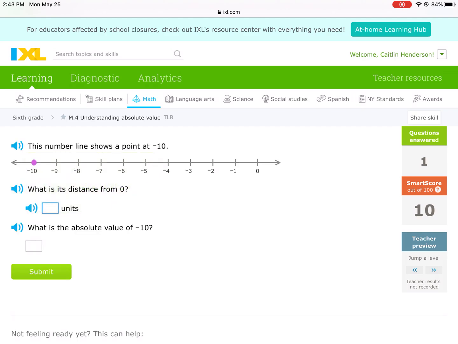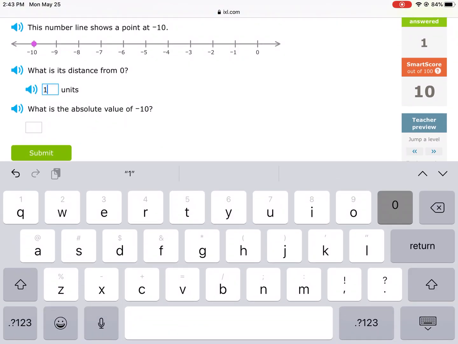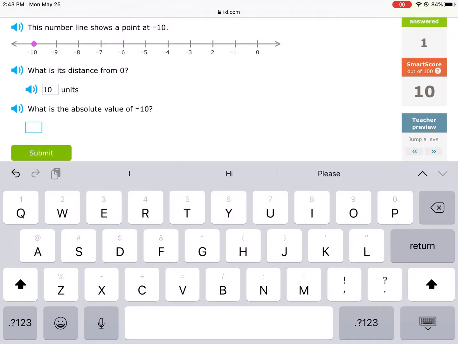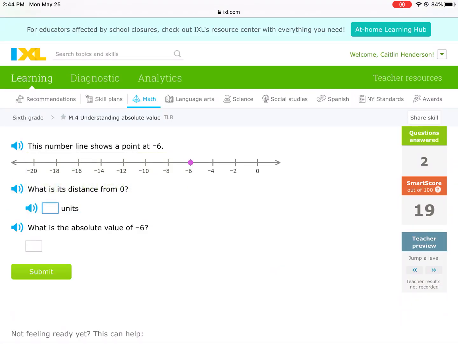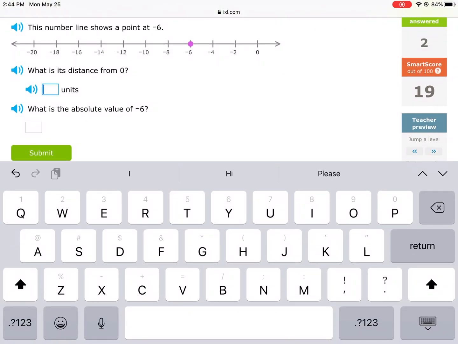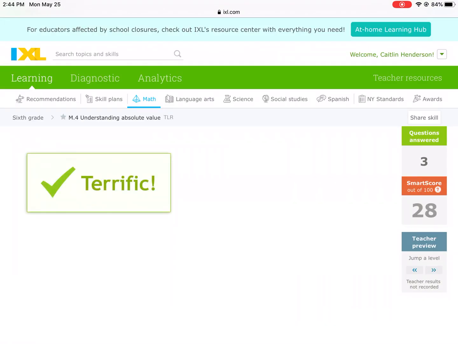This number line shows a point at negative 10. What's the distance from 0? Well, it's 10 units away, so that means its absolute value is 10. This number line shows a point at negative 6. What's its distance from 0? It's 6 units away, so its absolute value is a positive 6.